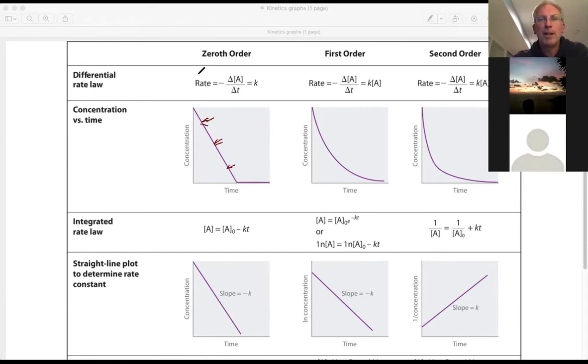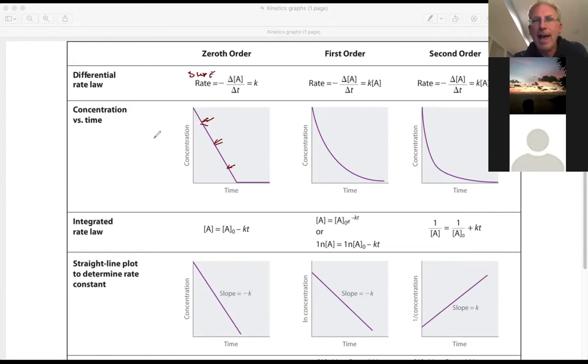It always has the same slope. So if you look up here, and if I wrote slope instead of rate, the slope is equal to a constant, K. It never changes. That slope is always the same.